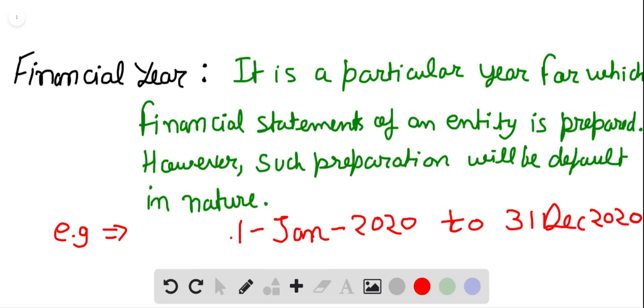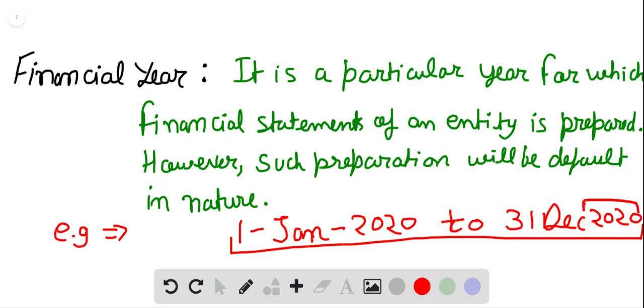Okay, so that is the financial year for which the entity will be preparing financial statements. Based on the next financial year, the 2020 figure will be converted to 2021, and obviously this figure also will change.